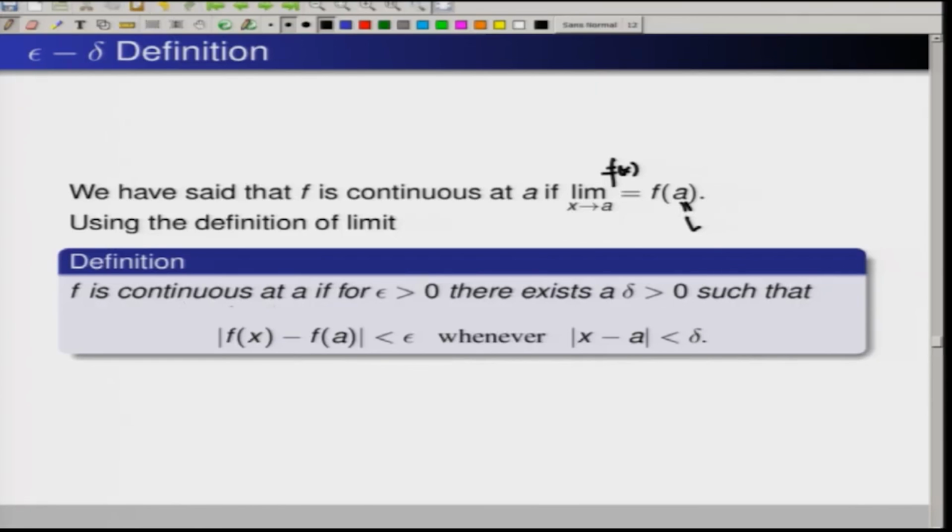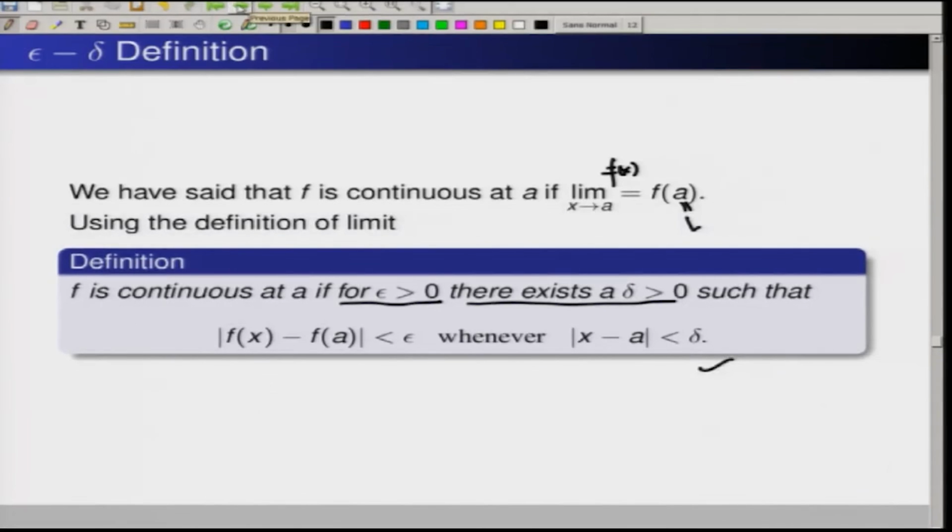So we say that f is continuous at a if for any given epsilon greater than 0 there exists a delta greater than 0 such that the modulus of f of x minus f of a is less than epsilon whenever the modulus of x minus a is less than delta. That is the proper definition of the continuity of f at a.